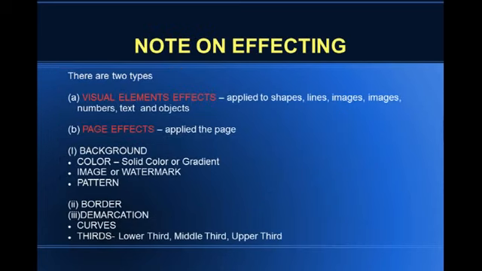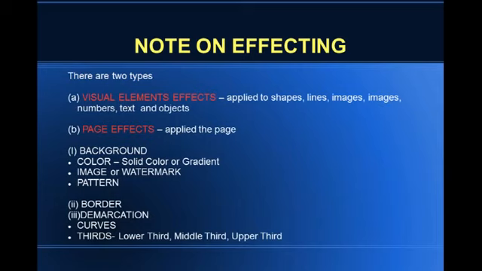Another element used to achieve contrast is effecting. And now there are two types of effecting. There's the effecting applied to shapes, lines, images, numbers, text, and objects, and there are effects applied to the page.